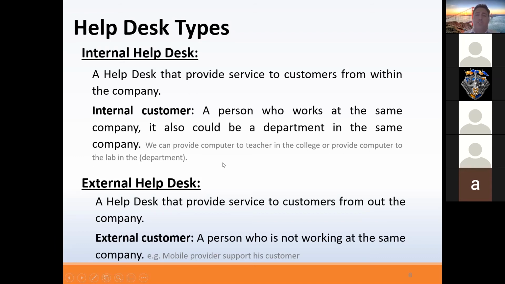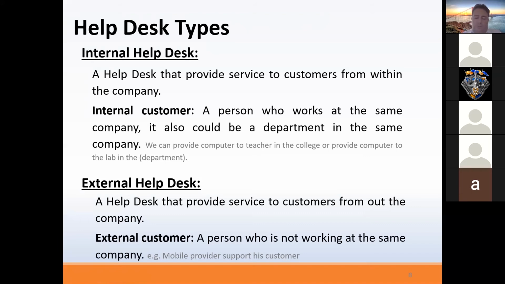So let me tell you this. When I was working at BlackBerry as the help desk, was my help desk internal or external? Internal, because I was helping my own employees. I was helping BlackBerry's employees. So it's internal. What about Ooredoo? External. Ooredoo is helping people, me and you and my mobile and your mobile.